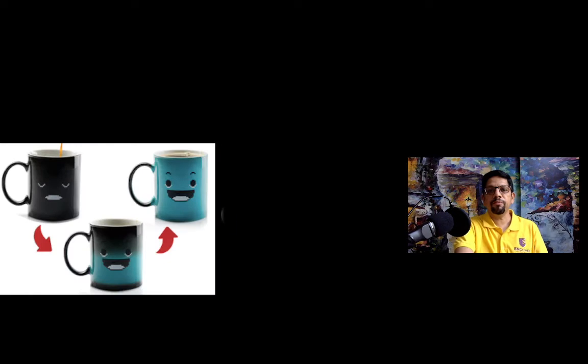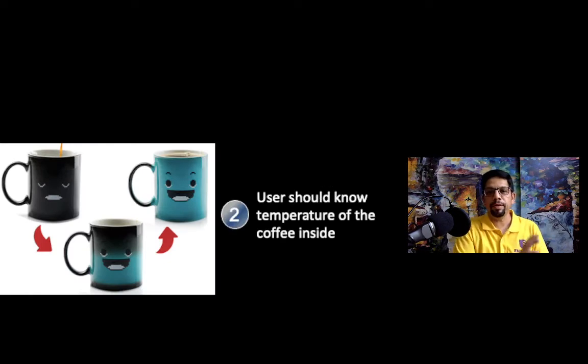Let's look at problem number 2, which is the user should know the temperature. I don't know whether you have seen this kind of cup, but as you pour hot water or tea or coffee inside, the cup starts changing color. If you see here, the black color keeps becoming blue, and then ultimately it becomes blue.